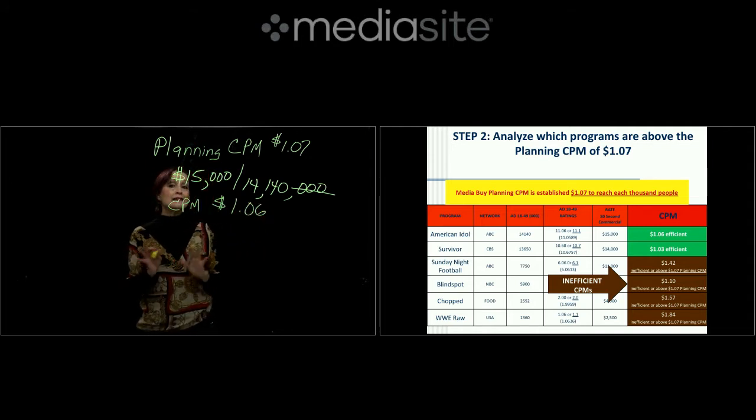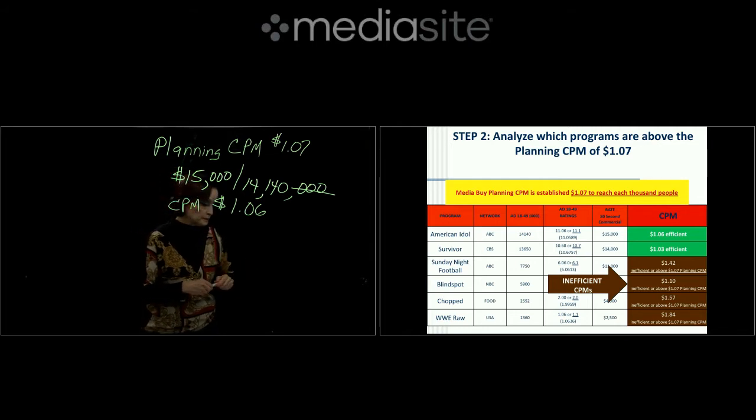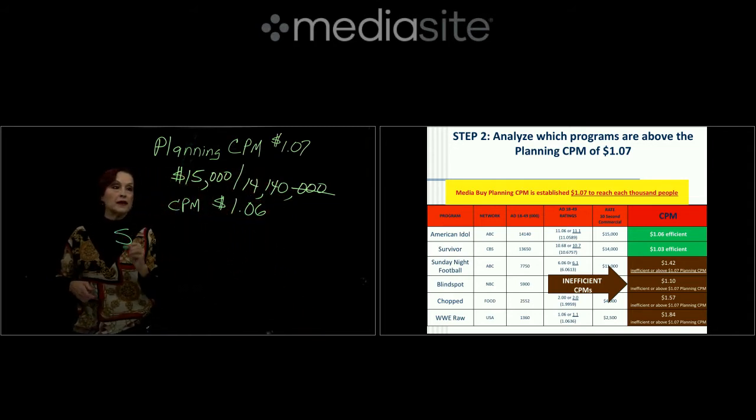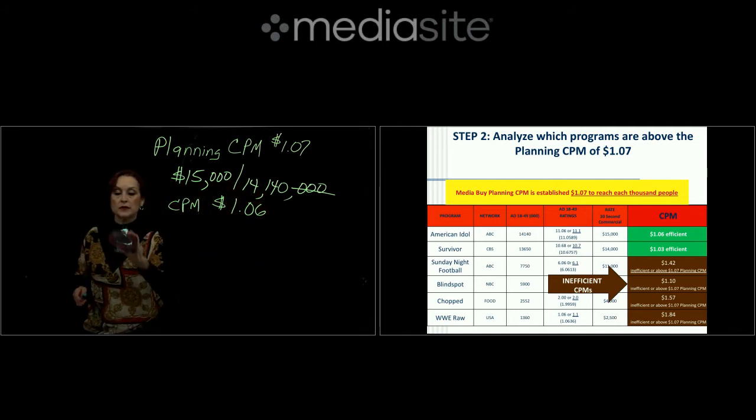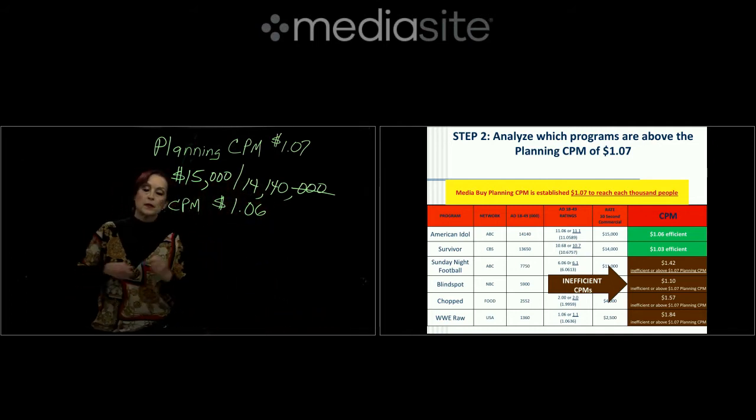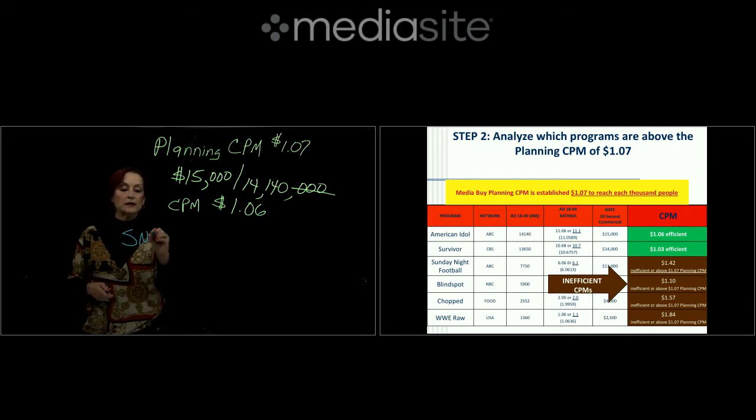Now, let's take a program that is inefficient so that we can start working on that one. Now, the next program that is inefficient, you take another color so that you can distinguish. Sunday Night Football.